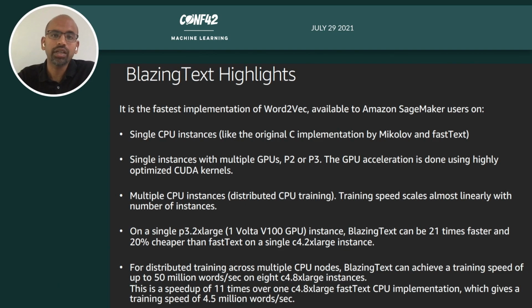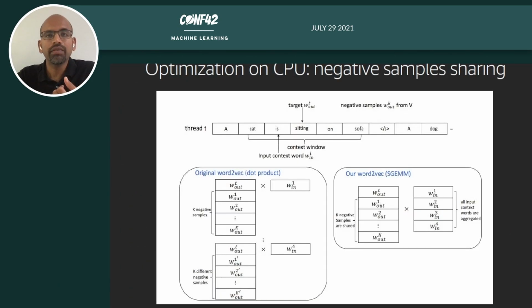Actually, the kind of efficiency that they have managed to harness from the BlazingText algorithm is amazing. Now, how do they do that? In our demo, as I said, we will use BlazingText on multiple CPUs. But even within a single CPU, BlazingText takes certain steps to optimize its performance, and that's what we are seeing here.